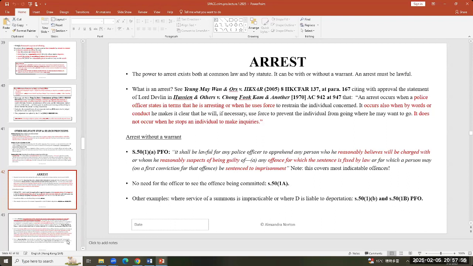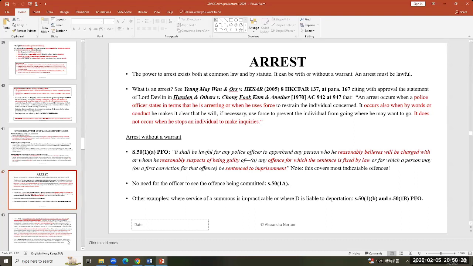So a warrant is the formal document that's issued by a magistrate or a judge, which gives the police or the department the power to arrest a defendant. So there has to be an application made before the judge setting out the basis on which the warrant is requested. Then the decision is made, the warrant is issued, and then they have lawful authority to arrest. But there's also the power to arrest without a warrant as well.